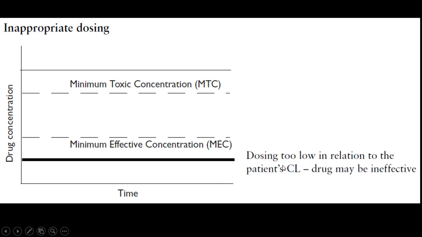That means the clearance is so high relative to the dose that the effective plasma concentration is not achieved, and this is known as low dosing. This is low dose, and this is high dose. So both of these are inappropriate dosing, since they are beyond the therapeutic range. I think I made my point clear here.